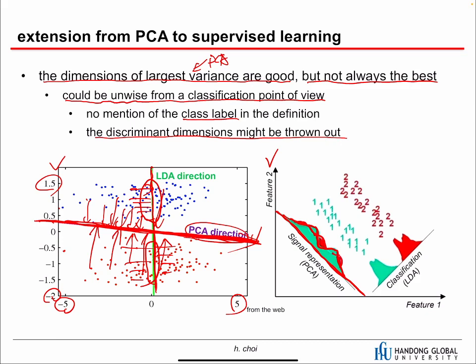Okay, so we cannot distinguish 1 and 2 in this dimension, but in LDA, we project the samples onto this line. So as you can see here, we can classify these digits based on this dimension. If we draw a line here, then the left side is class 1 and right side is class 2. So in this case, instead of preserving the largest variance, we give that up, but instead we focus on the classification part.